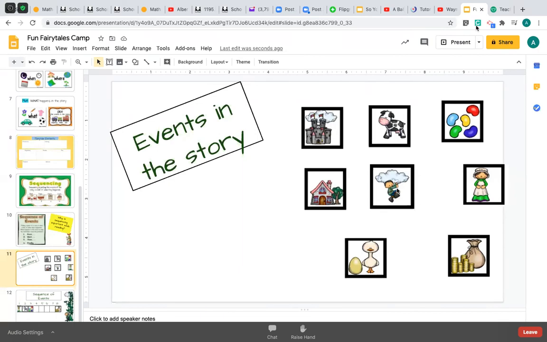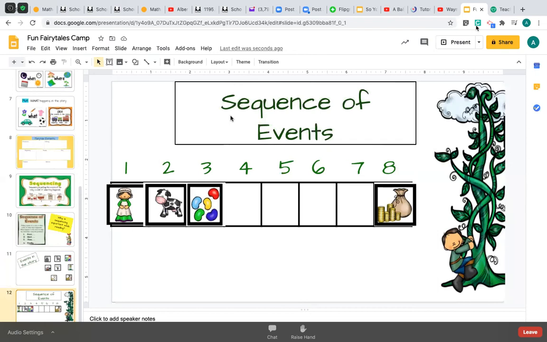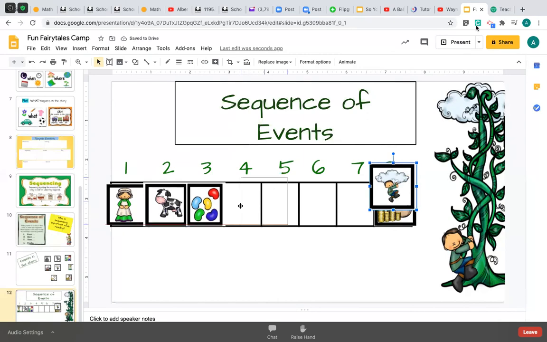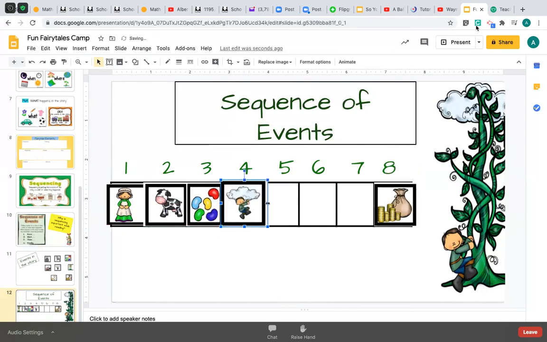All right, so I think can you help me out? Is that what's happening next in the story? Jack climbing? I agree. He climbed all the way up, and that's what happened next in the story. He climbed up this beanstalk.